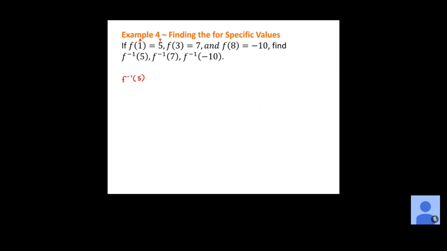So if I'm switching x and y now, and I'm finding f inverse of 5, what should f inverse of 5 be equal to? 1, right? So it's just going to be equal to the x value that corresponds to that original point.